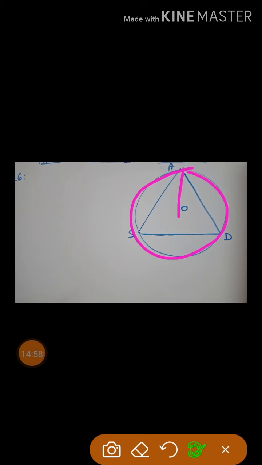They all have a toy telephone to talk with each other. We need to find the length of the string. Length of the string means distance between them. This is AS, SD and AD. These are equal to each other. It is given they are sitting at equal distance.